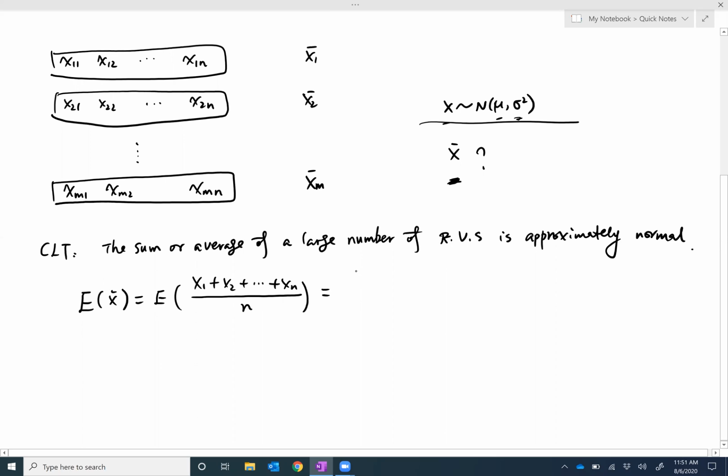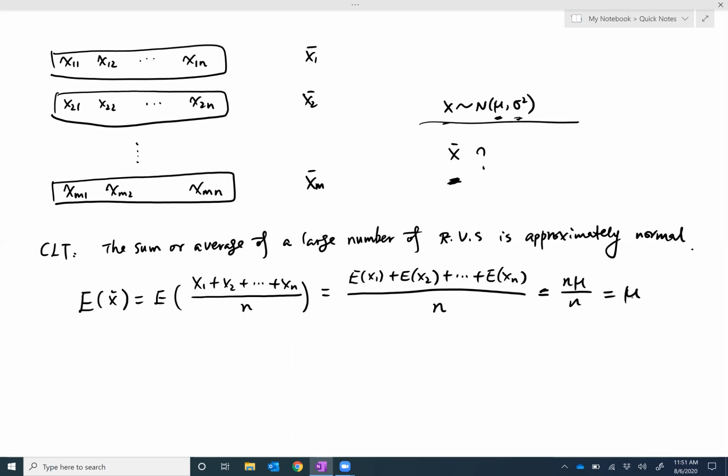So this equals expectation x1 plus expectation x2, up to xn, divided by n. We know that the expectation of each xi is mu, so this equals n mu divided by n. So the expectation of x bar is still mu.